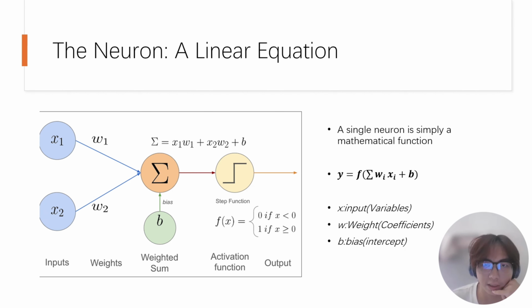It allows the neuron to shift its activation up or down, independent of the input. So, at its core, a neuron isn't thinking, it is just computing a weighted sum. It is a fundamental linear operation wrapped in biological terminology.